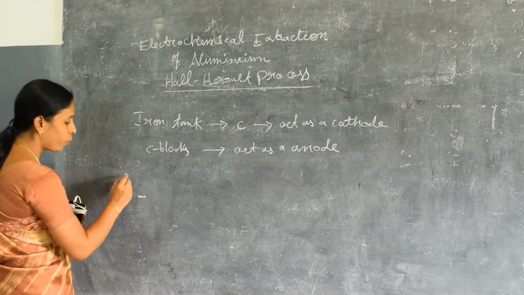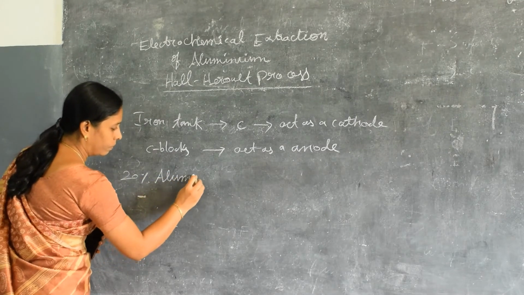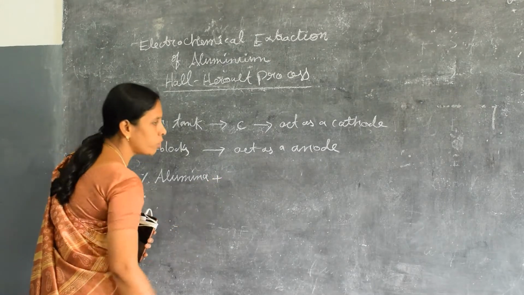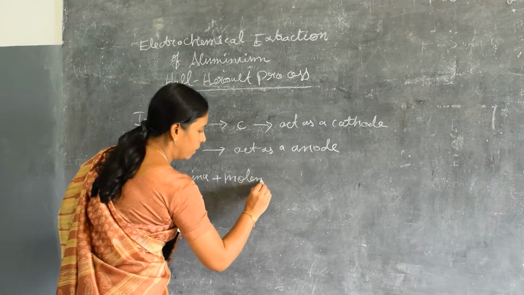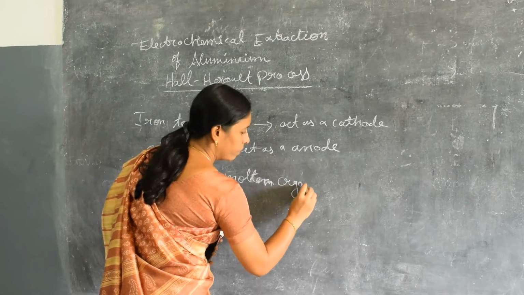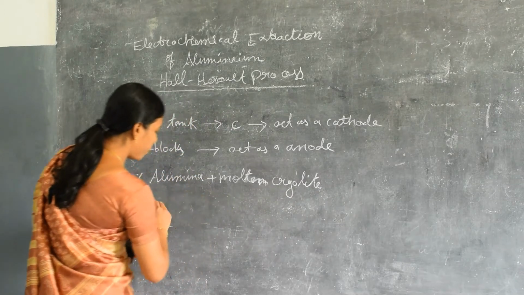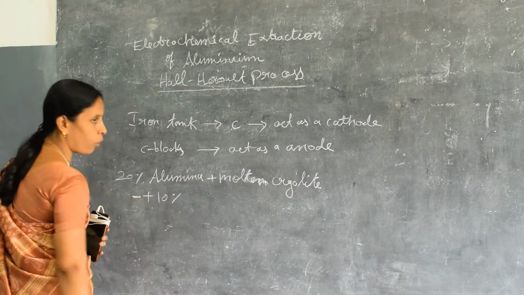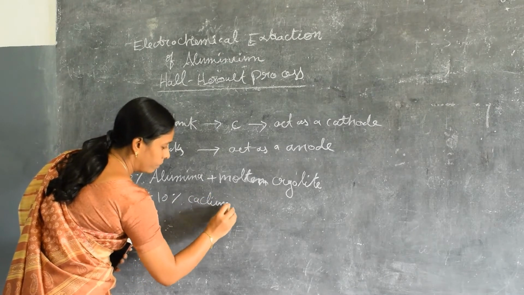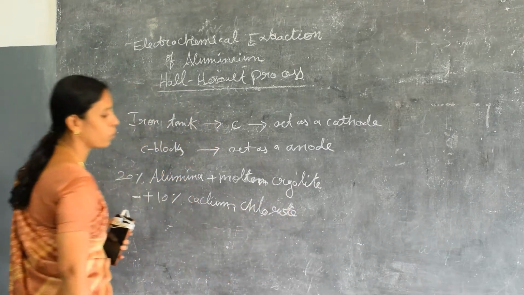Now 20% of alumina is mixed with molten cryolite, and then 10% of calcium chloride is added.